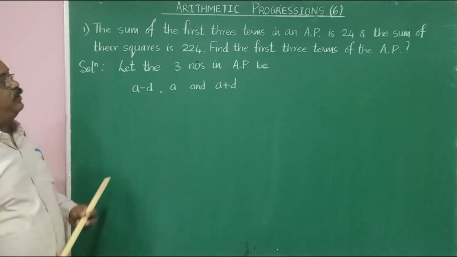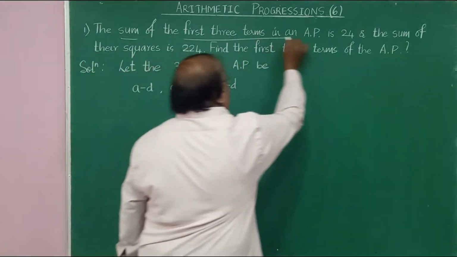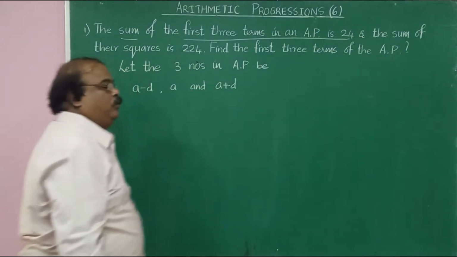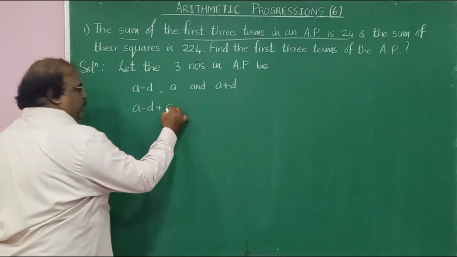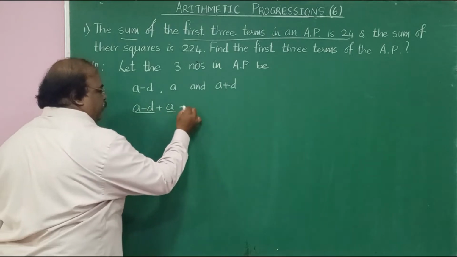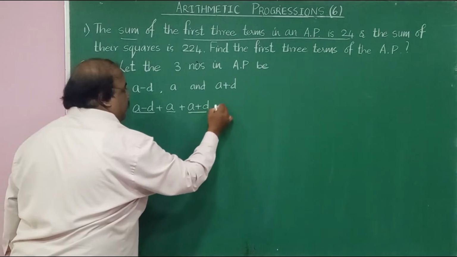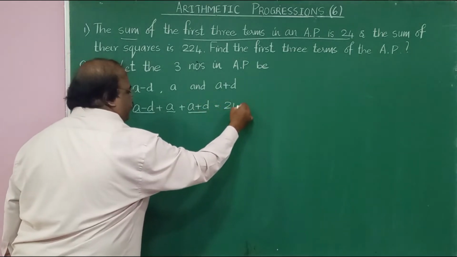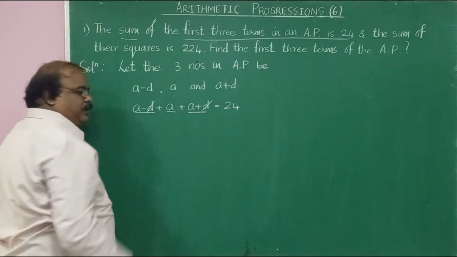Now let me use the first condition. The sum of the first three terms is 24. So that means A minus D, when added to A and added to the third term, gives you 24. Minus D and plus D cancel.